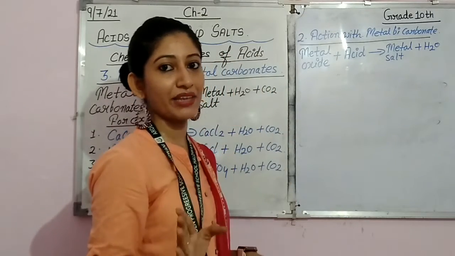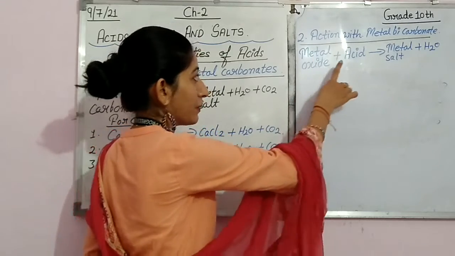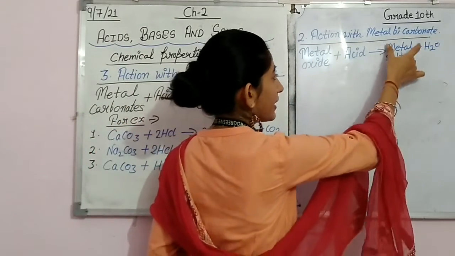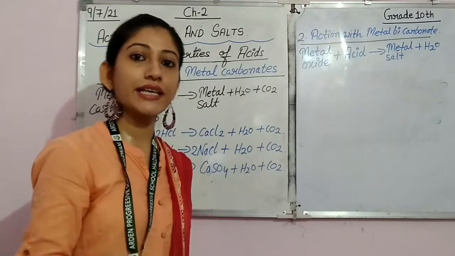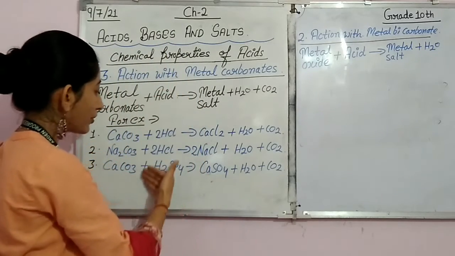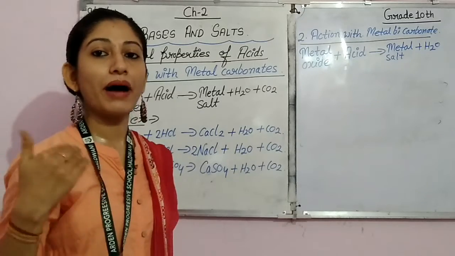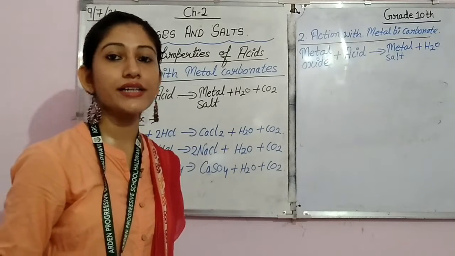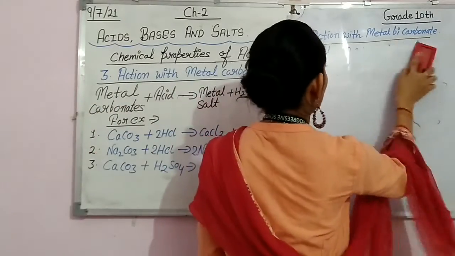Again the same thing will be there: metal bicarbonate plus acid gives metal salt plus water plus carbon dioxide. As metal carbonates give this result, in the same way metal bicarbonates also react in the same manner. So what will we write here?